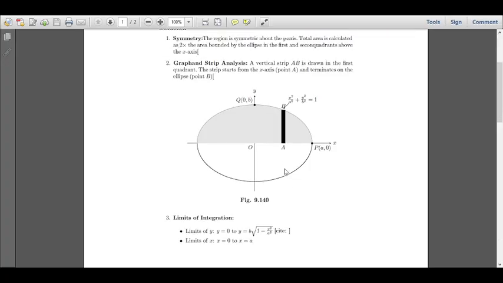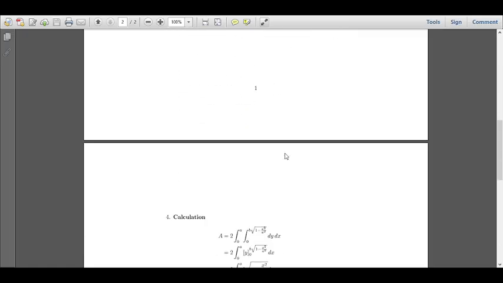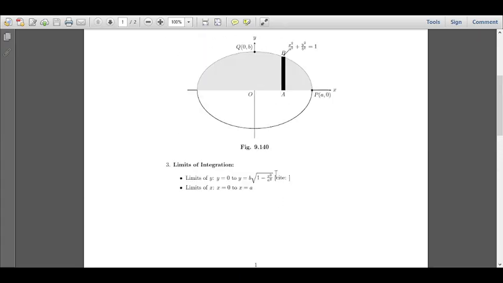Since we are taking the order of integration dy dx, I am taking the vertical strip. Since first we are integrating with respect to y, the limits must be functions of x, and the x limits must be constants.